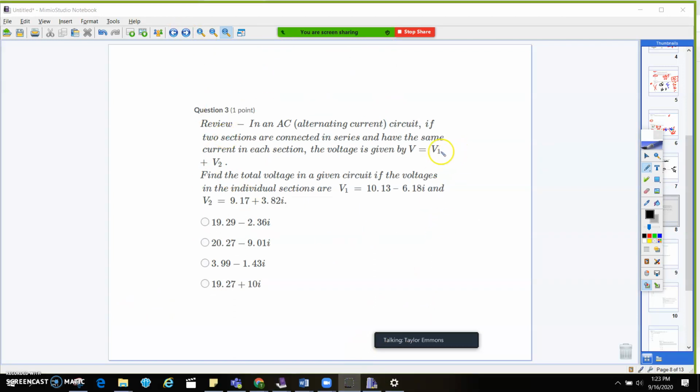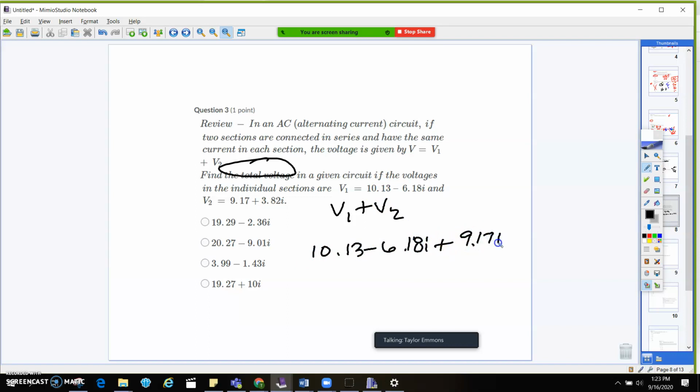On 3, it's asking you to find the total voltage. So that means that I'm going to add V1 plus V2. Well, V1 is 10.13 minus 6.18i plus 9.17 plus 3.82i. On this one, all you're going to do is combine like terms.